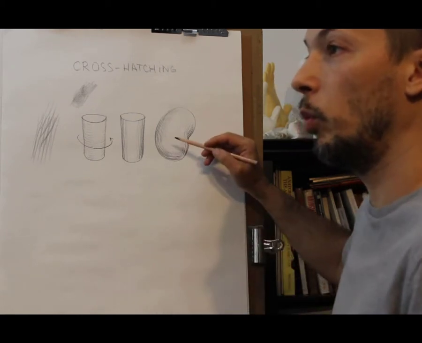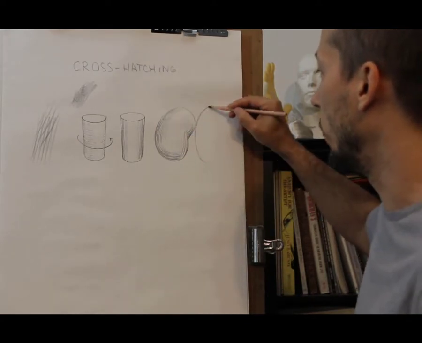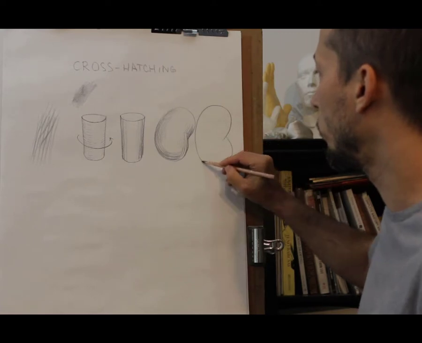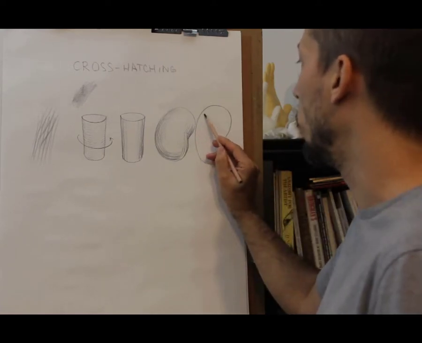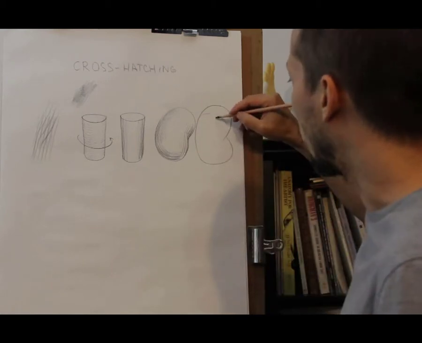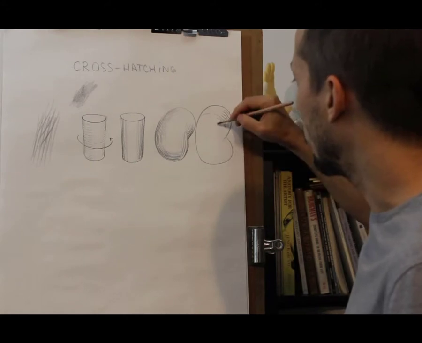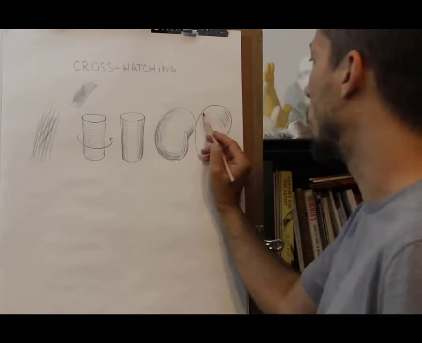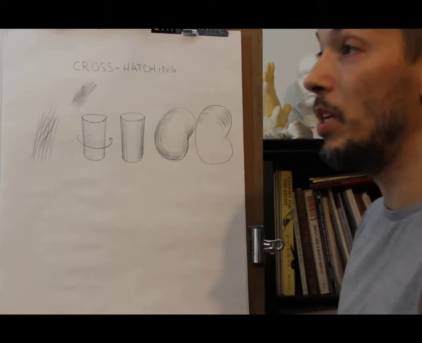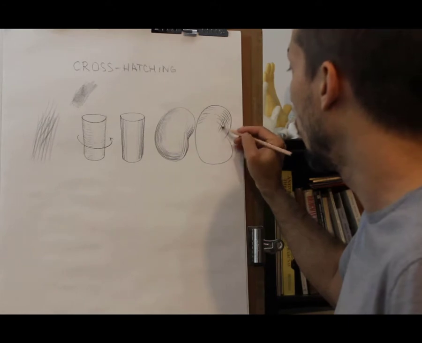A lot of other people would go with cross-hatching across. So again, if I just draw some kind of a bean shape, a lot of people would try to do some kind of a cross-hatching to suggest a cylinder, or maybe even something else where they would suggest both directions.